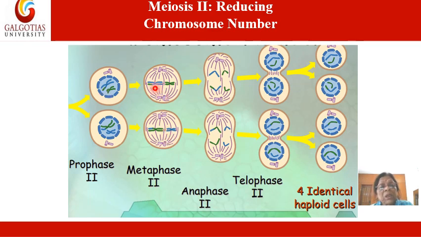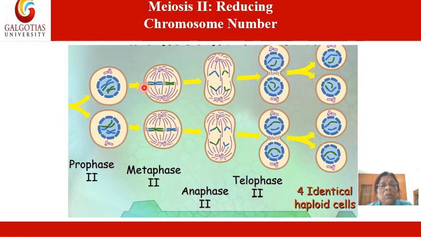During metaphase, as we know, the chromosomes arrange themselves in the equatorial region, and this is metaphase 2. This is followed by anaphase 2, when the sister chromatids separate, one moves to this end, another moves to this end.